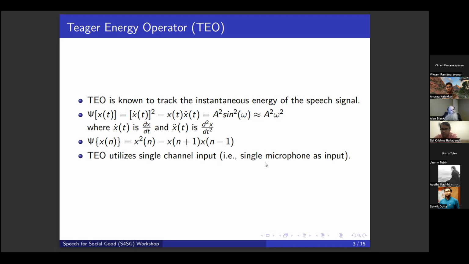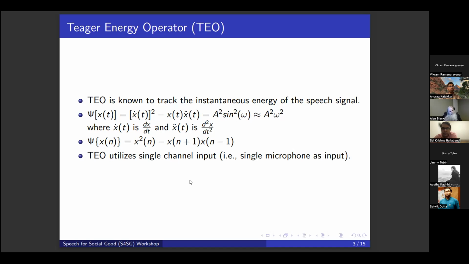In the continuous time domain, the trigger energy operator for any signal x of t is given by this equation: the square of the first derivative of the signal, minus x of t into the double derivative of that signal, which equals the amplitude square into sine square of omega. However, in the discrete time signal, psi of x of n equals x square of n minus x of n plus 1 into x of n minus 1.